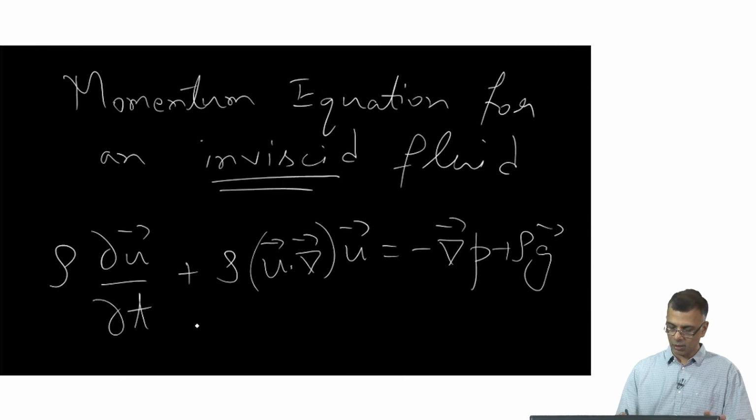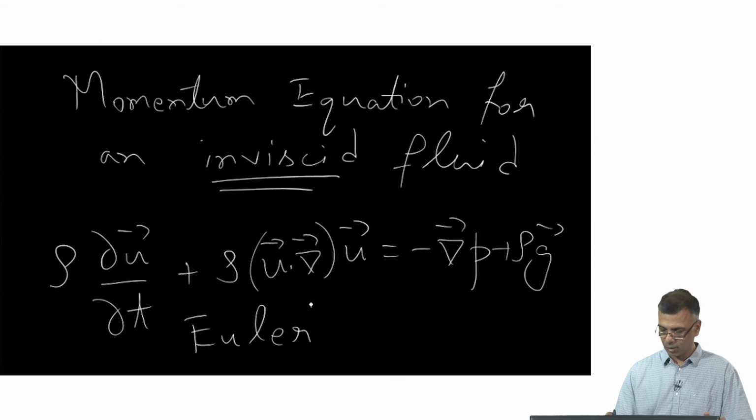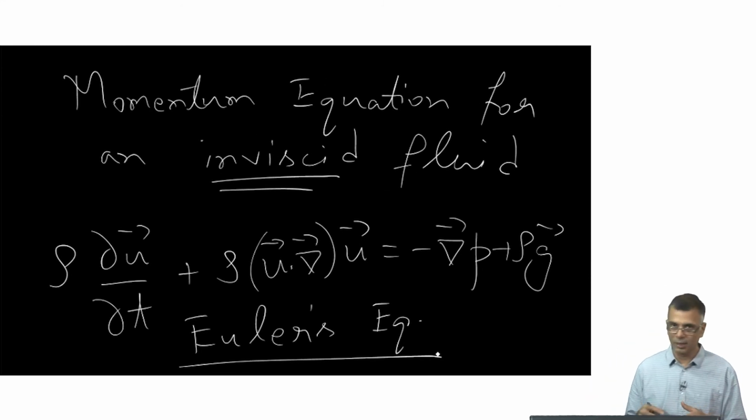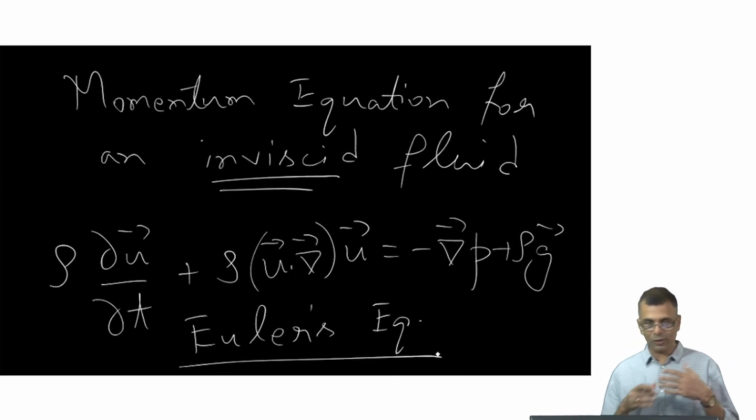And this is called Euler's equation. Euler's equation is a different thing than the Eulerian frame. Please keep this in mind. It's an obvious thing, but I thought I would emphasize this.